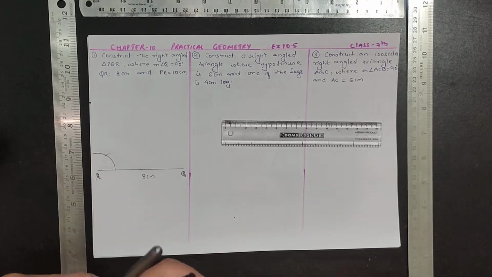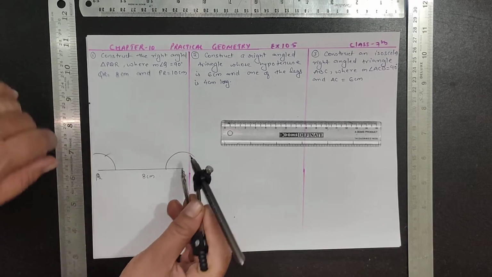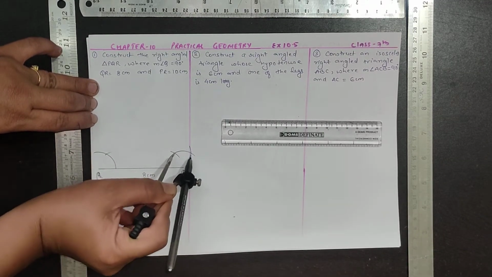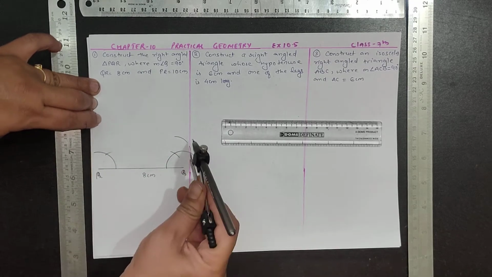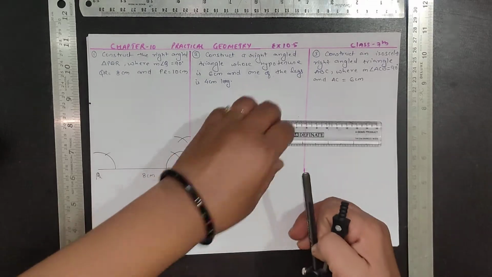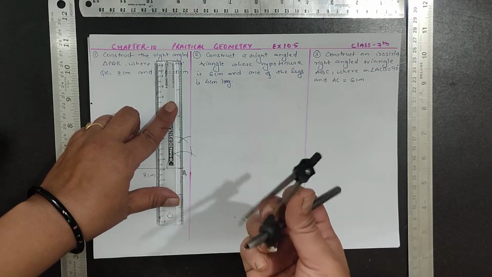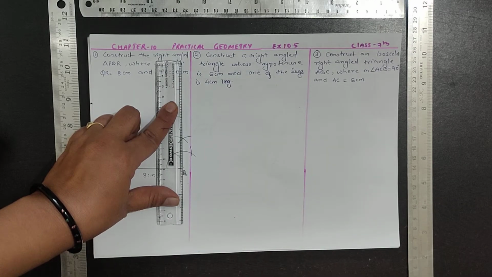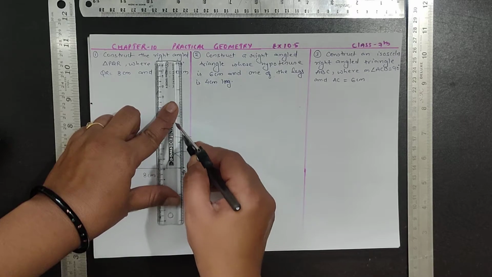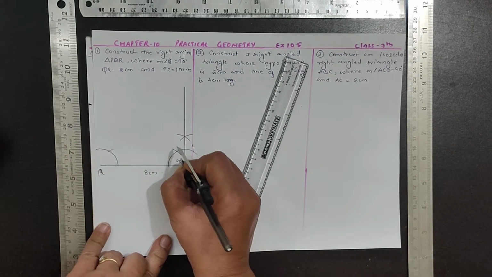Don't go for this, just see from here. This first arc 90, second arc 120, and in between 60 and 120 you will get 90. So here it is 90. So angle Q is equal to 90 degree.